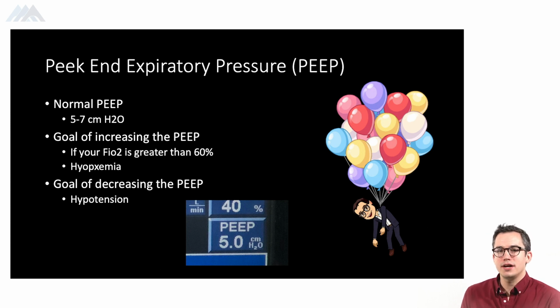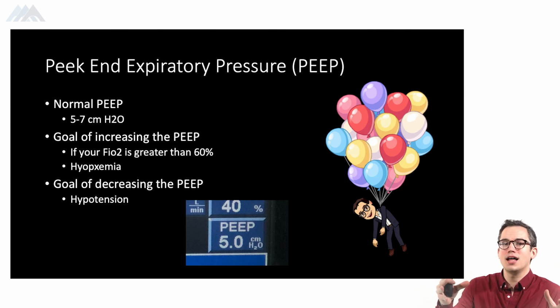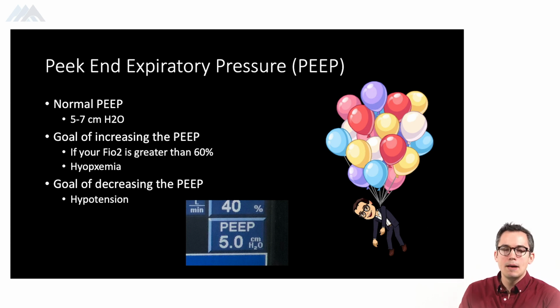What we have to be very conscious of, though, is as we're increasing that PEEP, that end expiratory pressure, that's increasing the intrathoracic volume and pressure within our chest. As those pressures rise, we might see our patient's blood pressure decrease because externally, that extra pressure on the heart from the lungs is going to be tamponading the heart, much like it would in a pericardial tamponade situation, but the patients don't have it at this point.